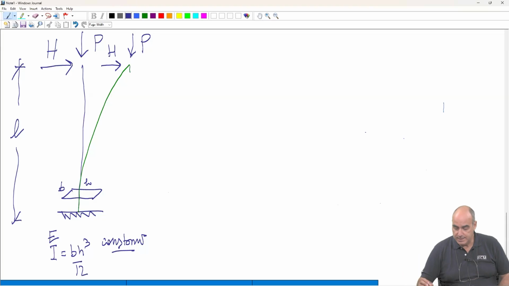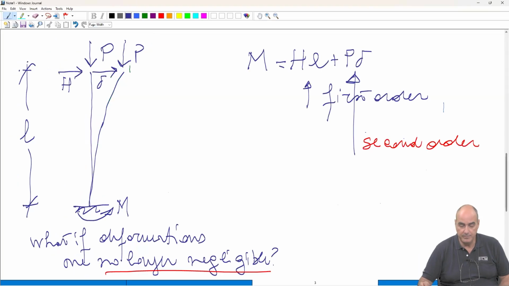Now, the issue is this. If you look back into what we have written at the previous slide, I said there is a first order moment, HL, and the second order moment, and delta, you can say, is H L cubed divided by 3J. But then what is the effect?